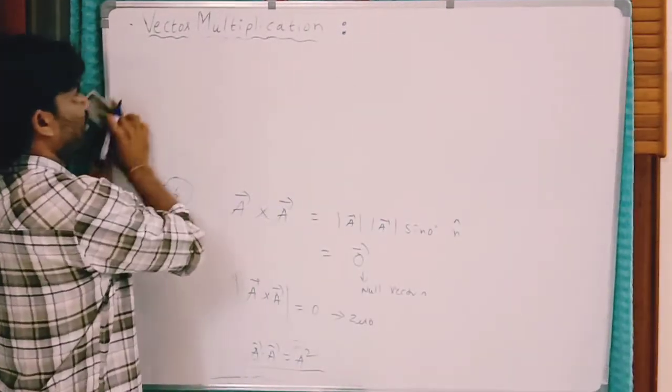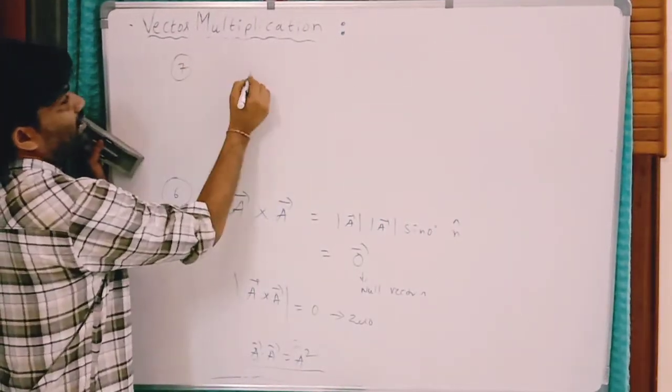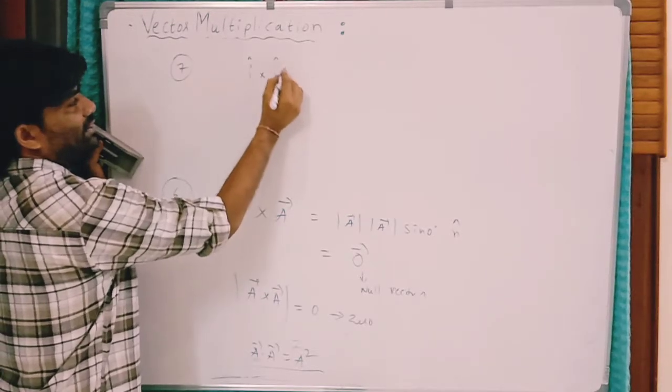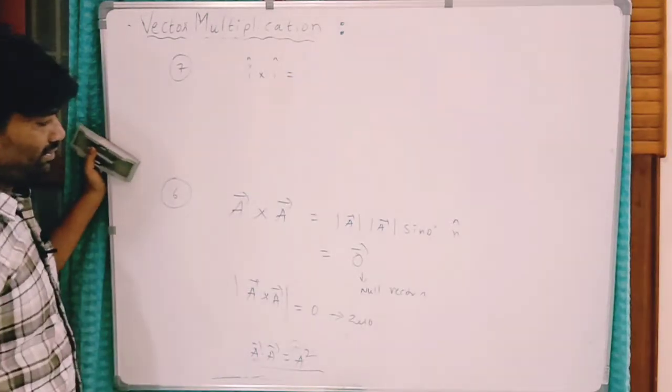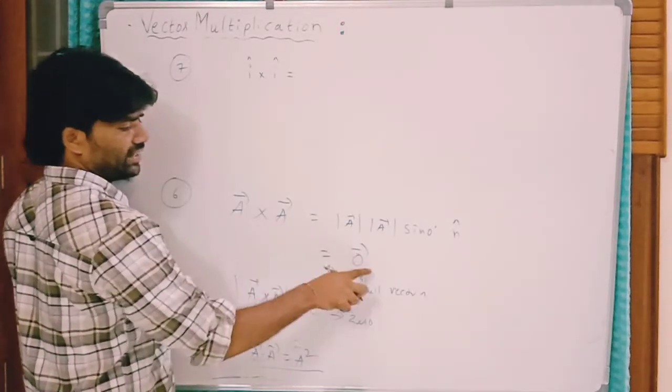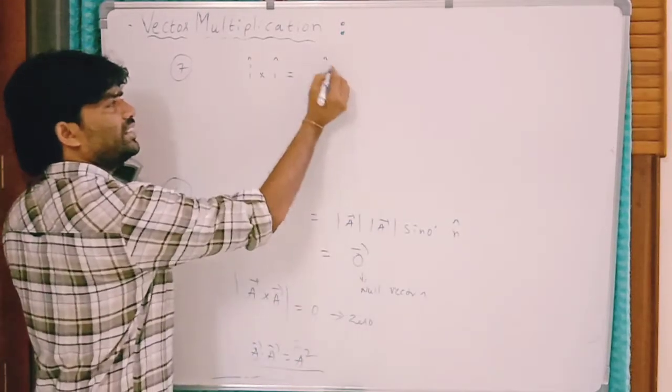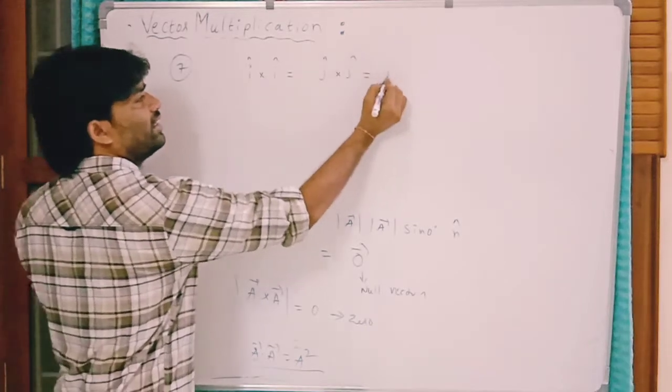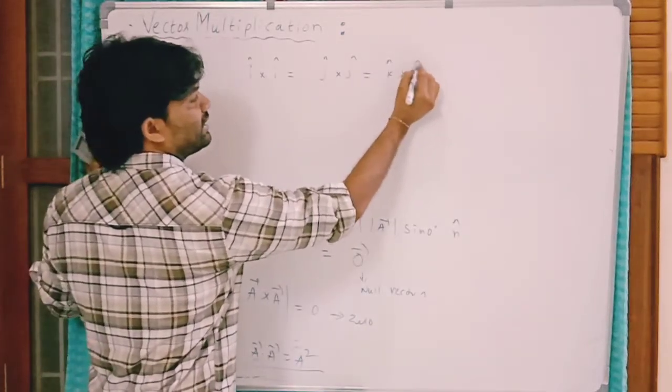Now the seventh property. I cross I is a null vector, J cross J is also a null vector, K cross K is a null vector.